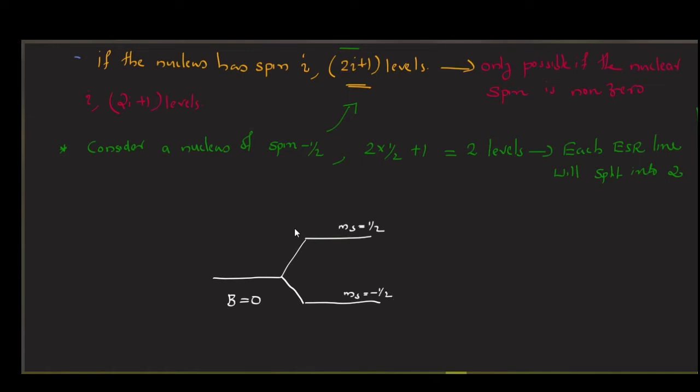Now, if there is an interaction between this orbital electron and the nucleus, and you assume that the nucleus has a spin I, then each ESR level will split up into 2I plus 1. If you consider a nucleus having spin half, then each ESR energy level will split up into 2.